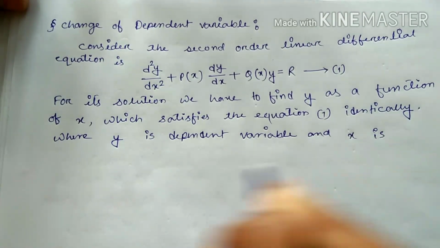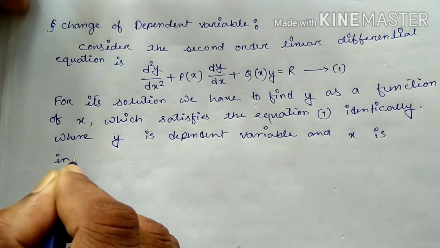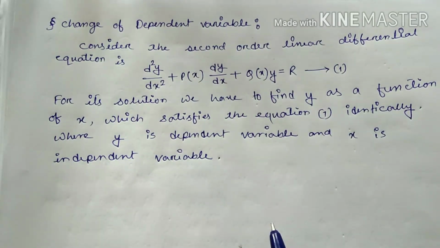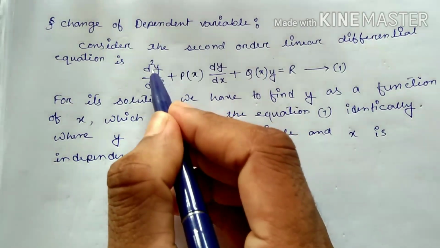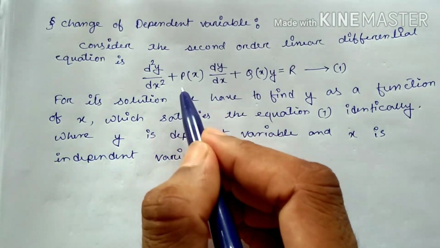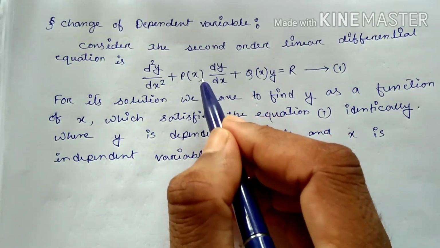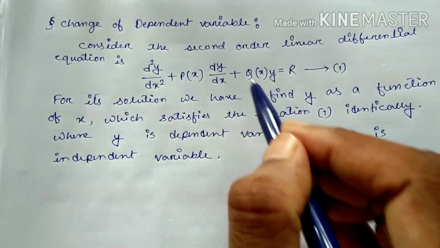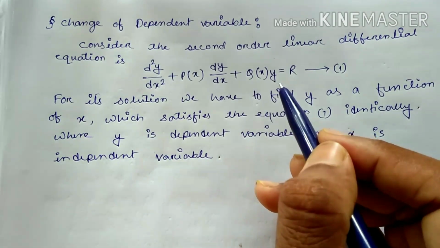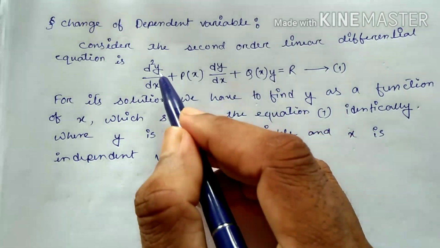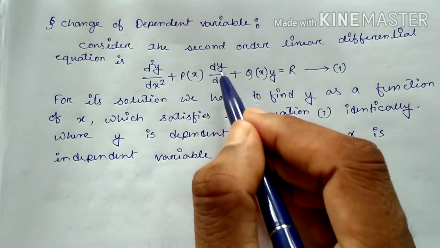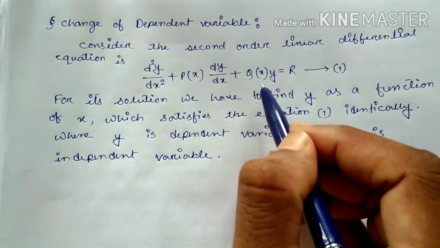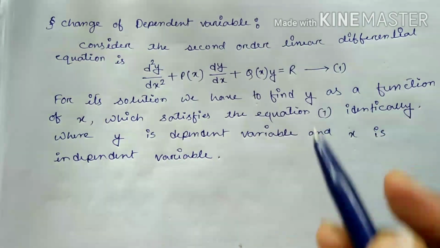x is the independent variable. Now we have to put y is equal to uv, because we have to find d2y upon dx square, dy upon dx and y.